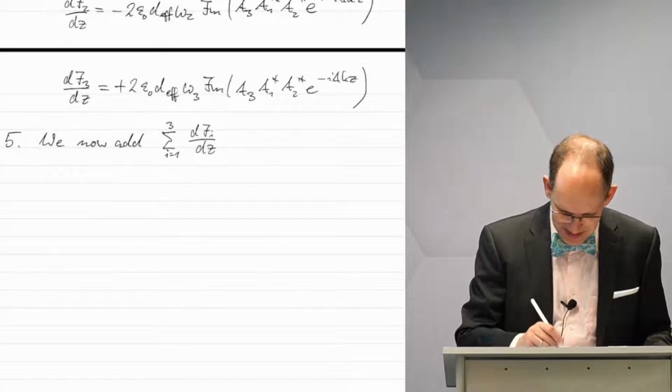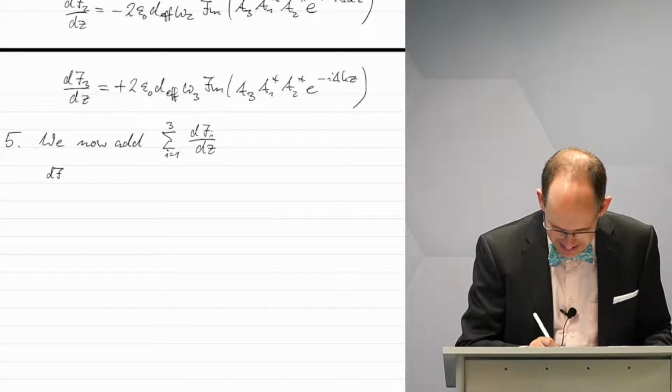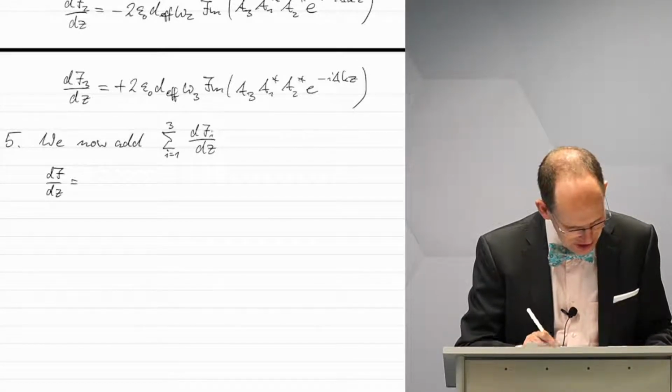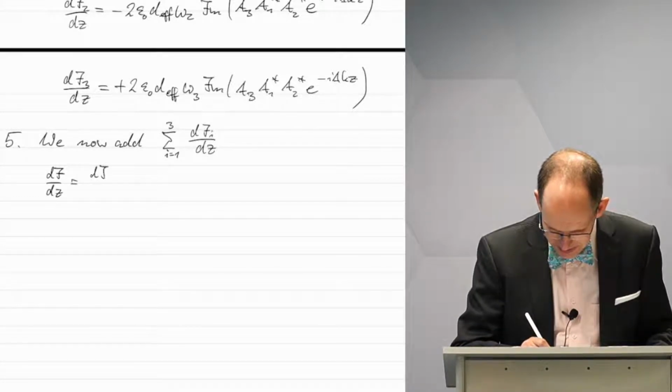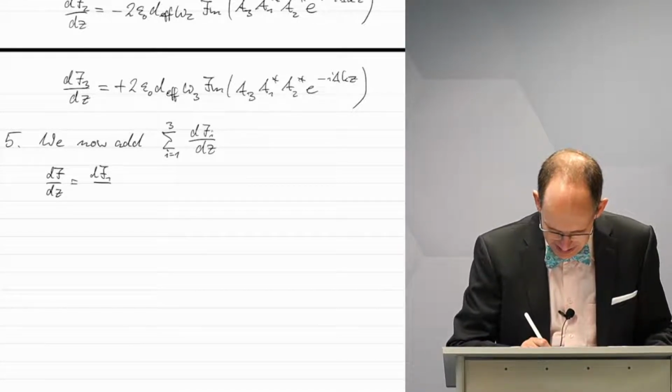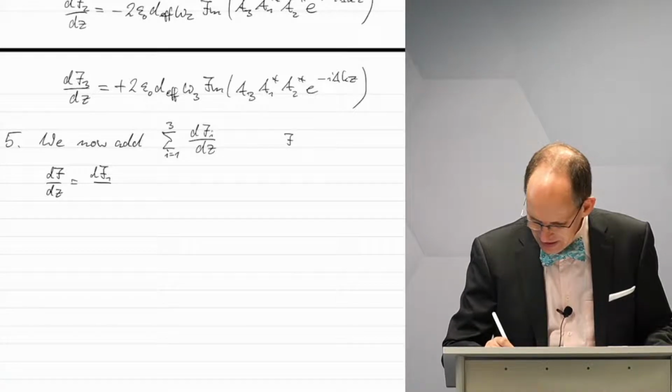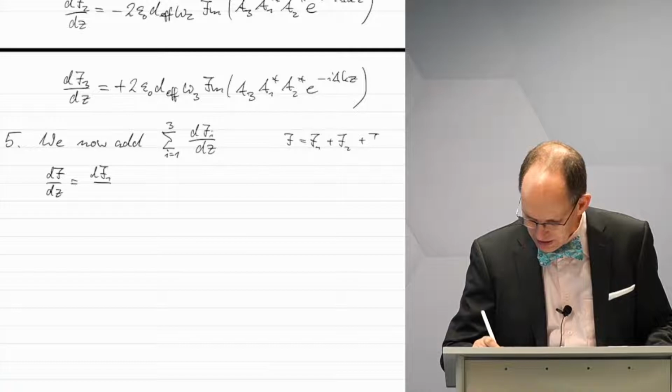Yeah, so what we get is dI over dz, which is, of course, just this sum. Yeah, so the total intensity is, of course, I1 plus I2 plus I3.